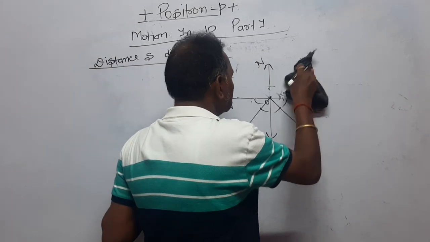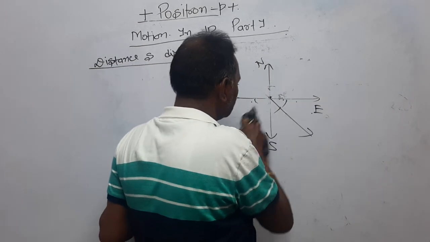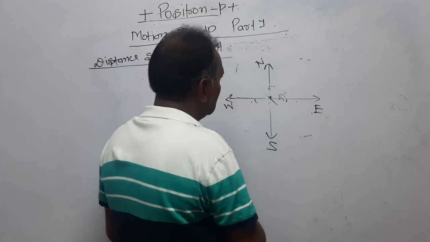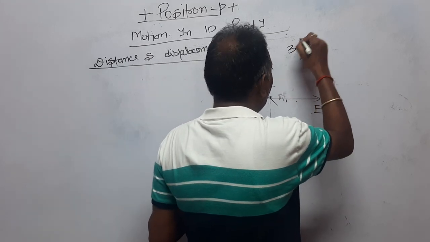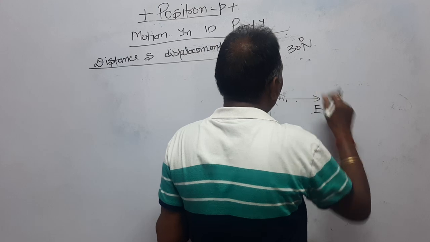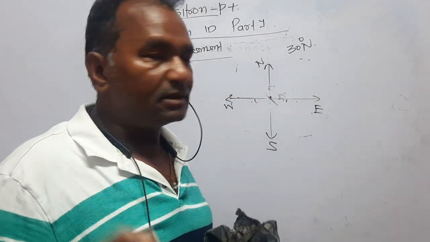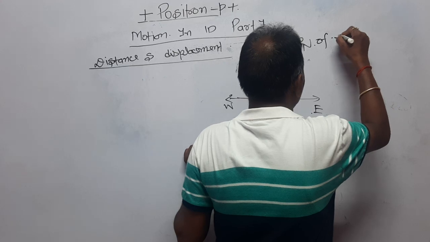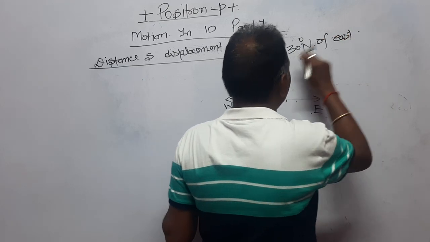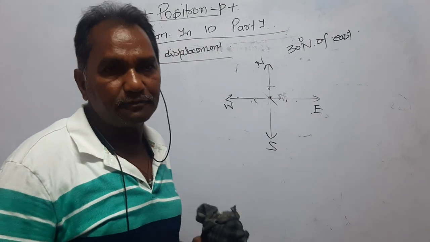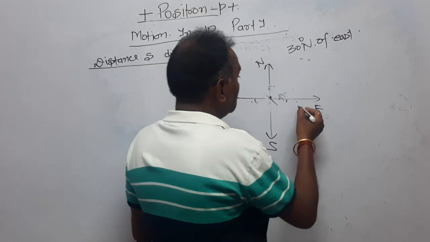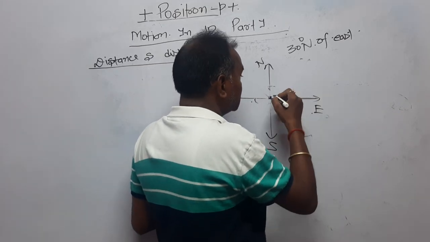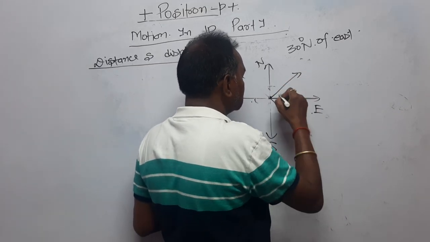Sometimes, dear student, it is said 30 degree. How will you find out the angle? How will you denominate the angle 30 degree north of east? 30 degree north of east means from the east, 30 degree towards north.